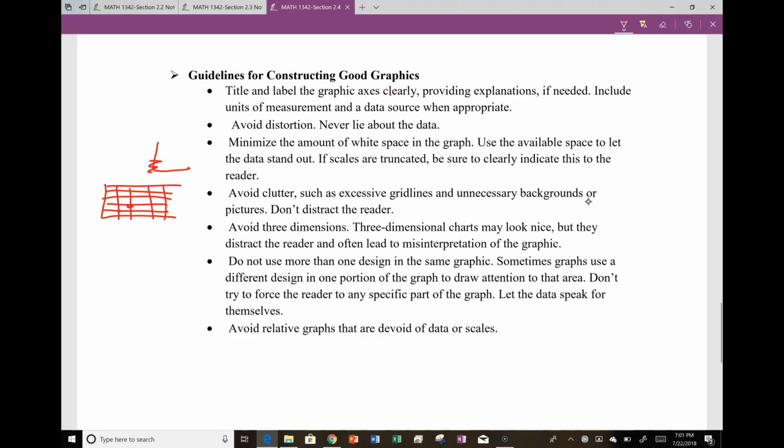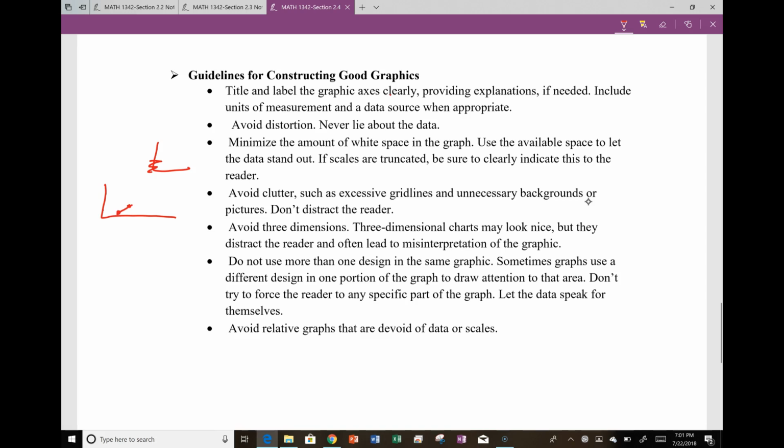That actually is very distracting. For one reason, if it's printed just in black and white or in the same colors, I can't tell the difference between this point, this line, this line. I don't actually see where my data is. So I want to get rid of that clutter and just keep my dots. And if it's a line graph, I'm going to connect those dots.